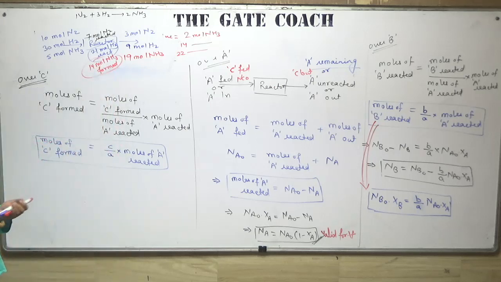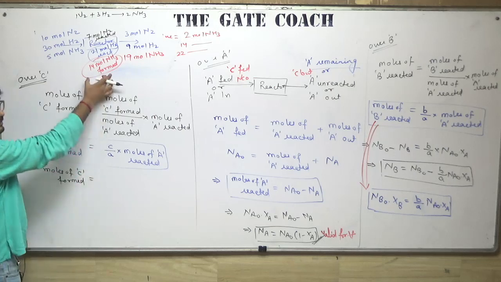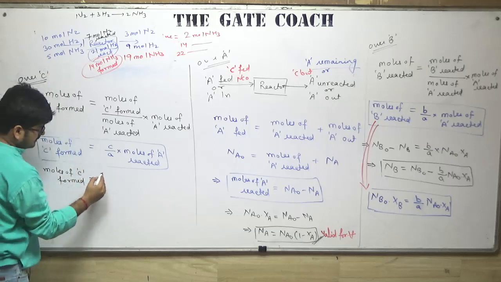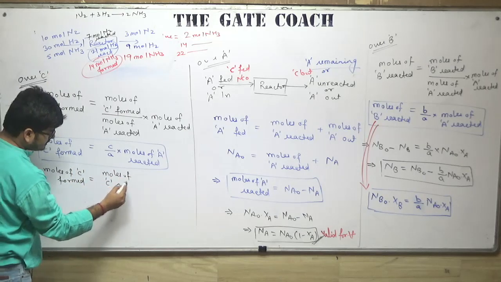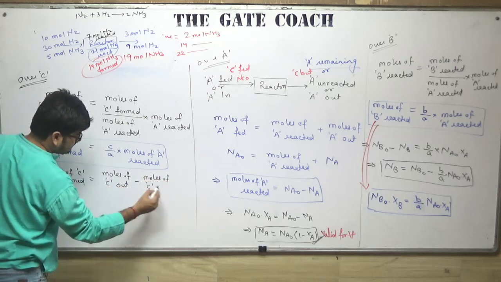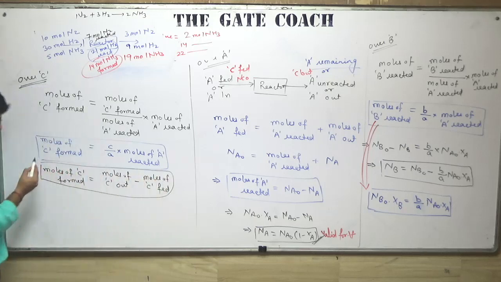So for component C, for the product, if you want to write the mole balance, then moles of ammonia formed equals final minus initial, moles of C out minus moles of C fed. I hope this point is clear to all of you.